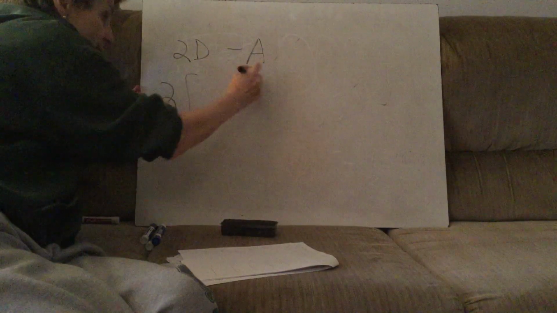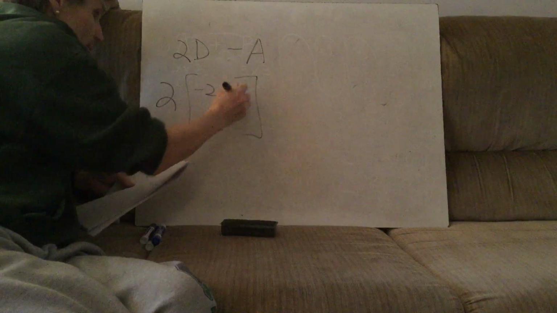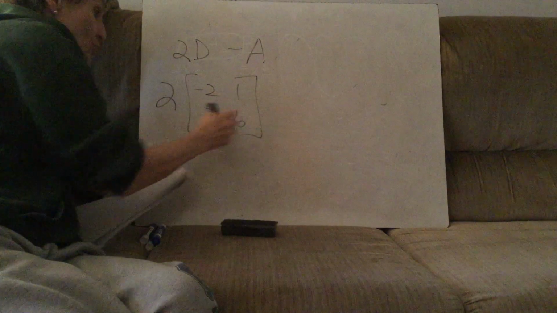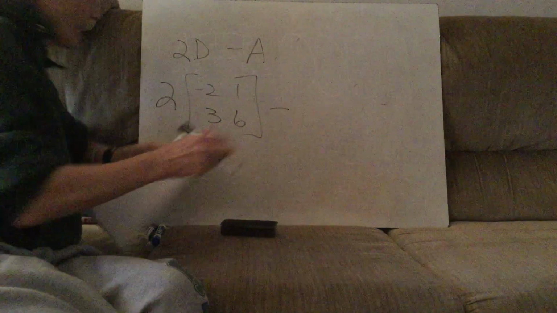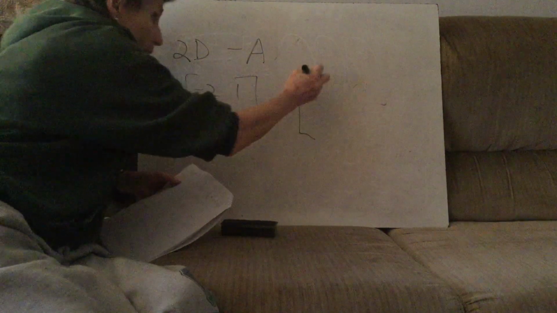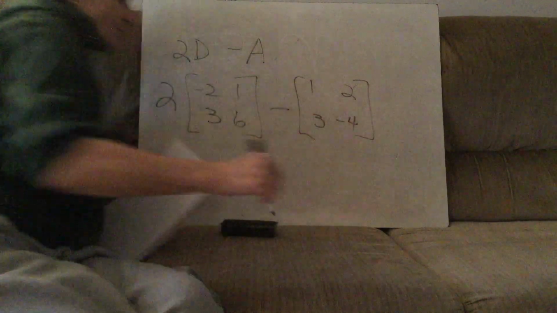All right, but what about F? F says take 2D minus A. Now notice that D is a 2 by 2. And we're going to subtract A, which is also a 2 by 2.